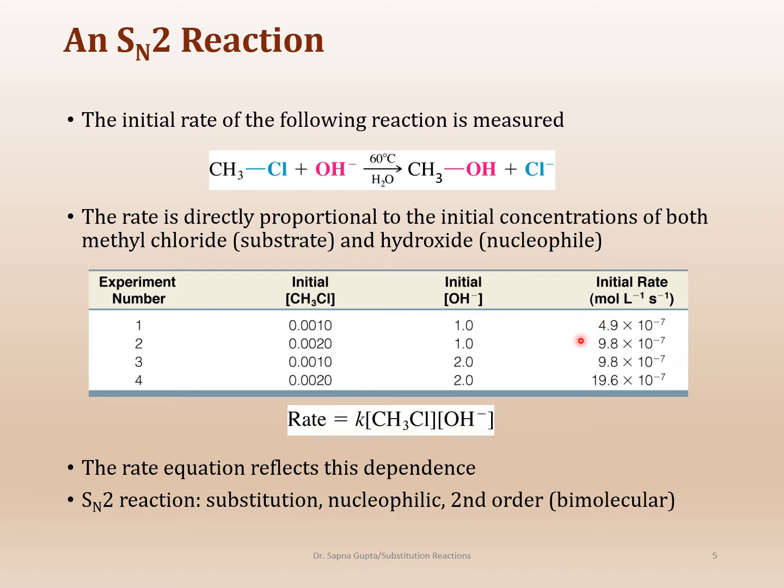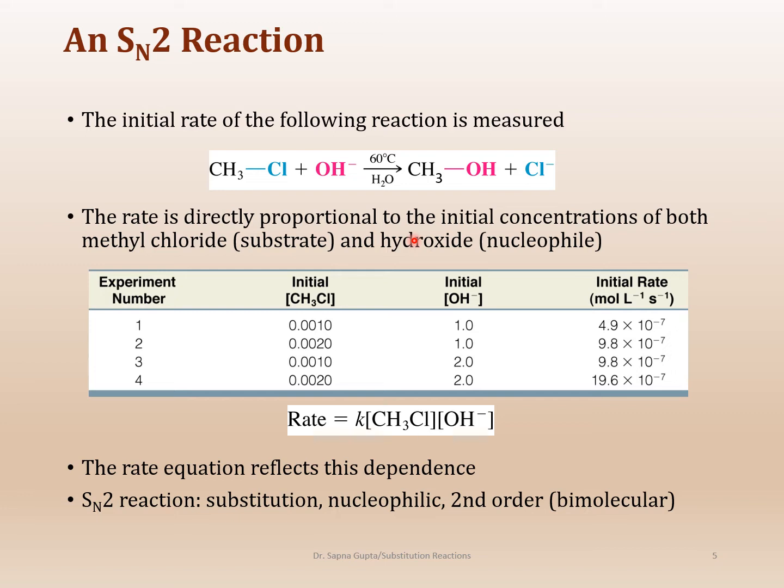You can see that the reaction rate has changed. Then you keep the substrate constant, so 0.001, 0.001, and you double the hydroxide, and look what happens. You also double the rate of reaction.